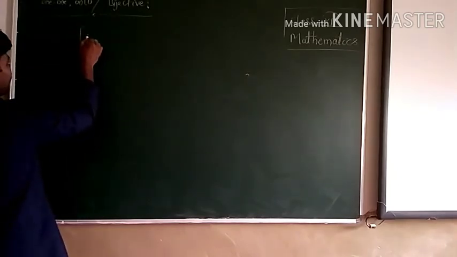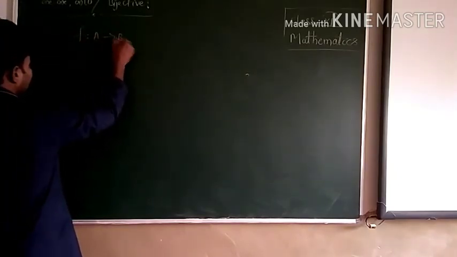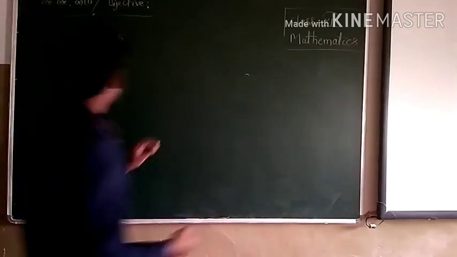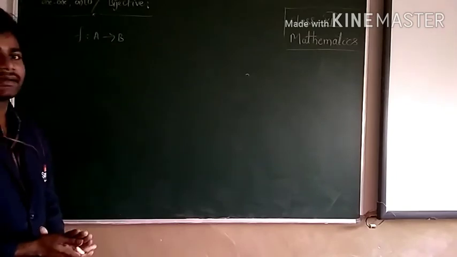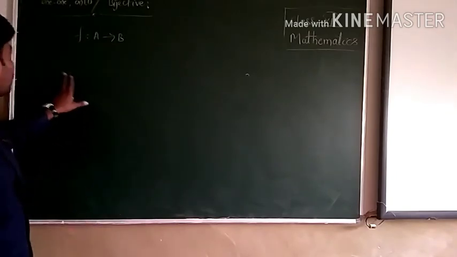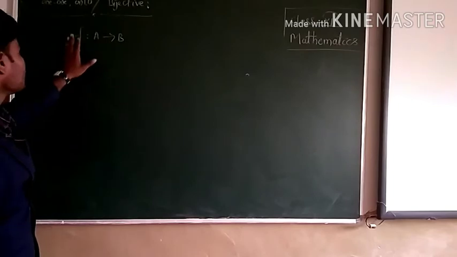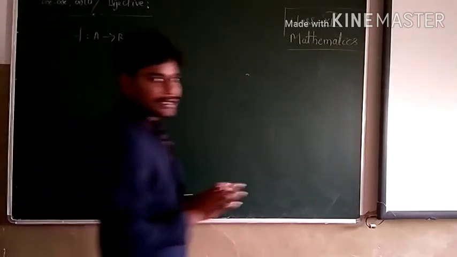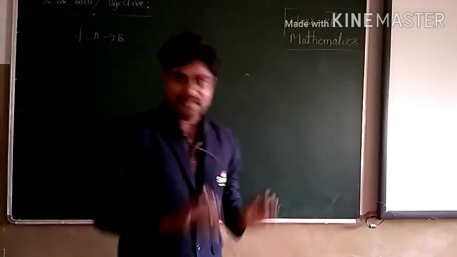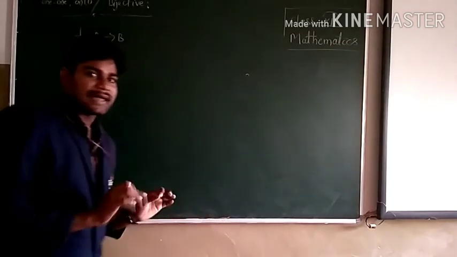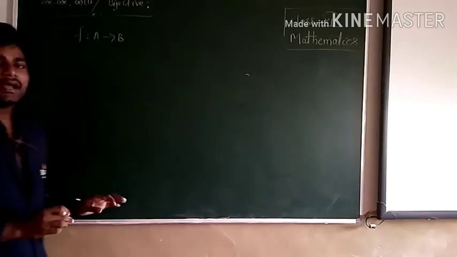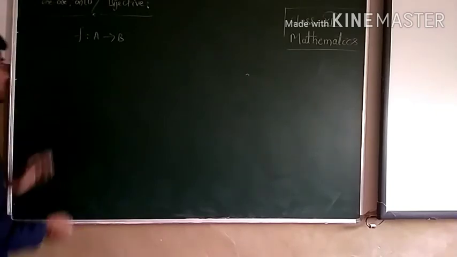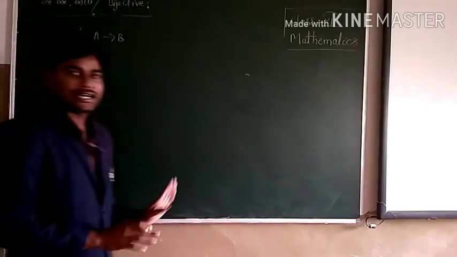Suppose f is defined from A to B. The function f: A to B is said to be a bijective function if it satisfies both one-one and onto functions. If f: A to B satisfies the one-one function and onto function, then f: A to B is a bijective function. Now let's see an example so you can understand it better.